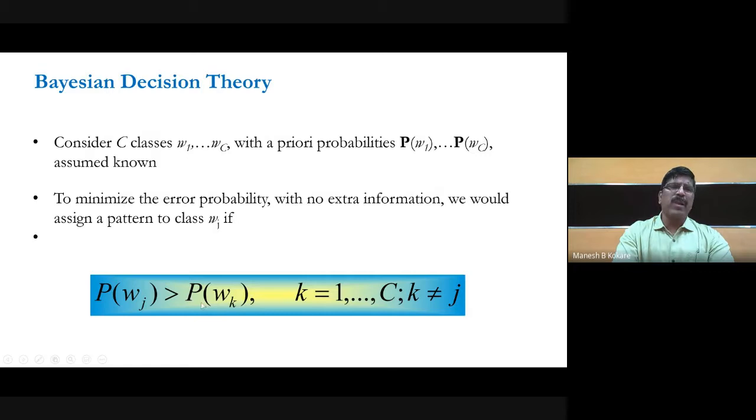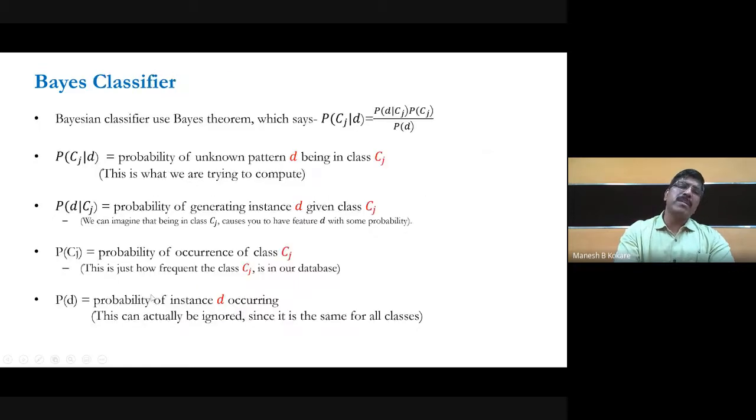This is a simple rule, but by using Bayesian decision theory or the Bayes classifier, which uses the Bayes theorem, we calculate the probability of an unknown pattern D being in a class Cj. This is the posterior probability we would like to calculate. So what is known to us?